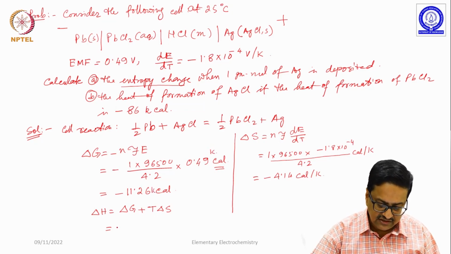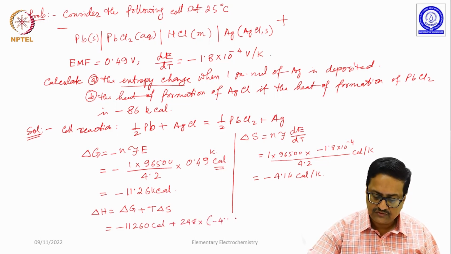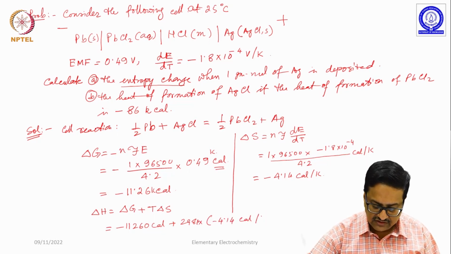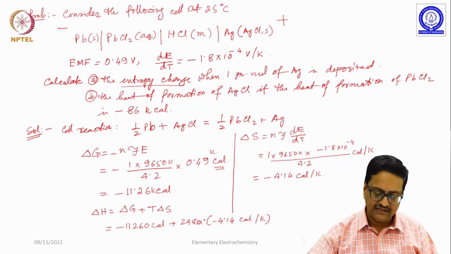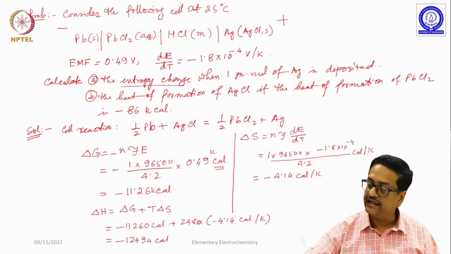So, this delta G is minus 11260 calorie plus T, which is 298, into minus 4.14 calorie per Kelvin. You see this 298 is in Kelvin, so the Kelvin gets cancelled, and at the end you get minus 12494 calorie as your delta H.